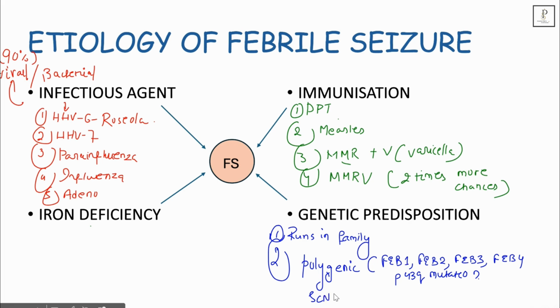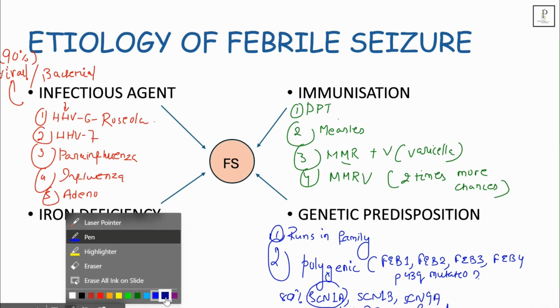Then SCN1A mutation, SCN1B, SCN9A. So these are the genes. SCN1A is the gene found in Dravet syndrome. We'll come later to what Dravet syndrome is, but remember that SCN1A is the gene commonly involved in 80% of cases of Dravet syndrome, right?